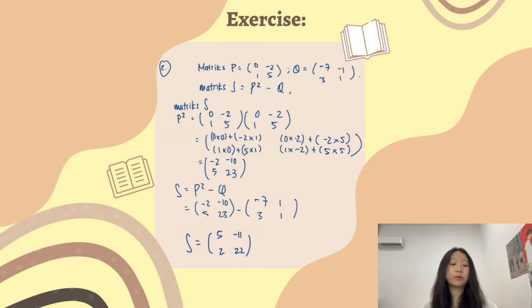So for the matrix of S, it was 5 from the -2 minus -7, and it was 5. For the second one, it was -10 minus 1, which is -11. 5 minus 3, it was 2. Then 23 minus 1, it was 22. So the matrix of S was 5, -11, 2, and 22.